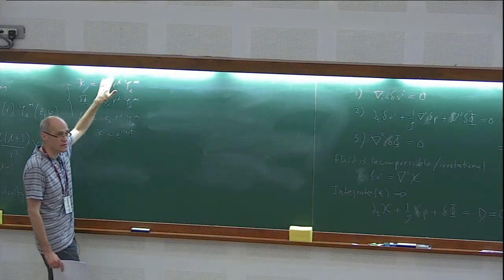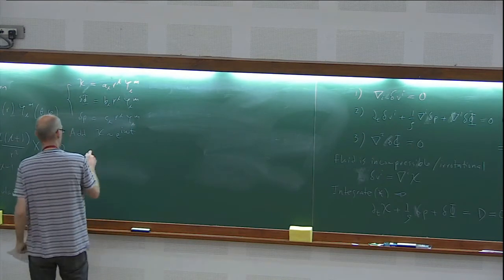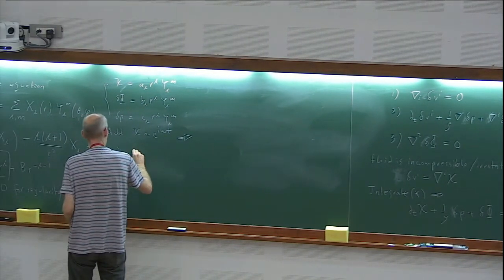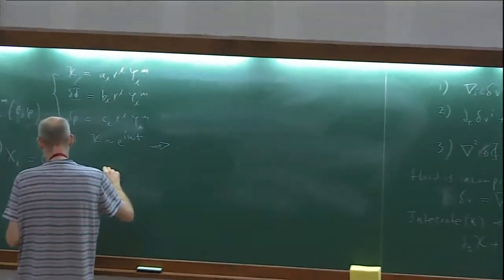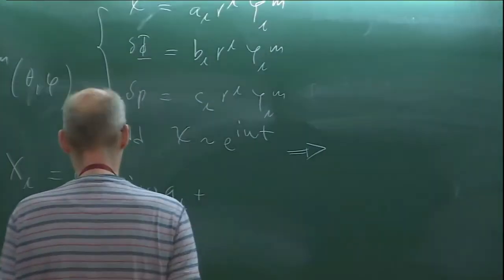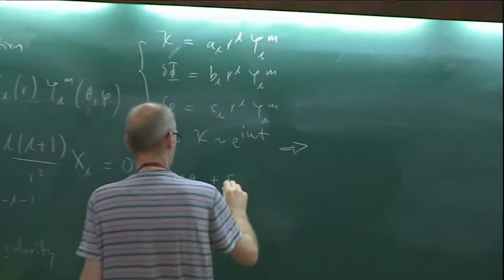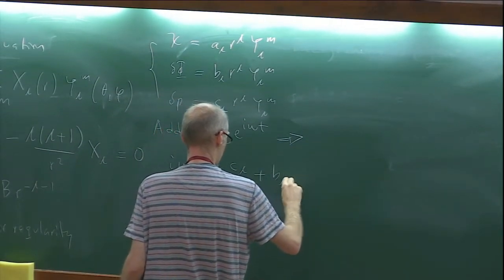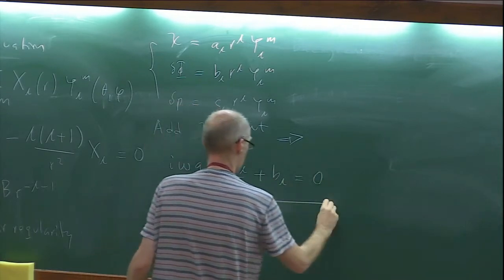Drop the common factor, it's irrelevant to us. We just get a very simple equation: i omega A plus the C for the pressure over rho plus the B. All of that has to vanish.